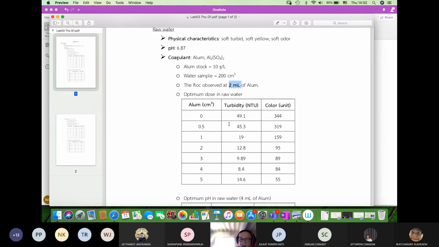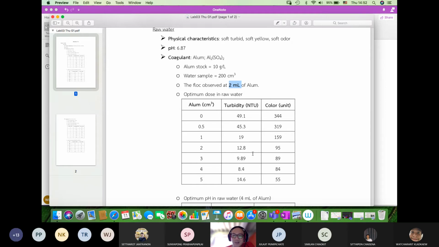For the 0.5 jar, the turbidity is 45.3 and the color is 319. These are the results obtained from the jar test experiments using alum as the coagulant.